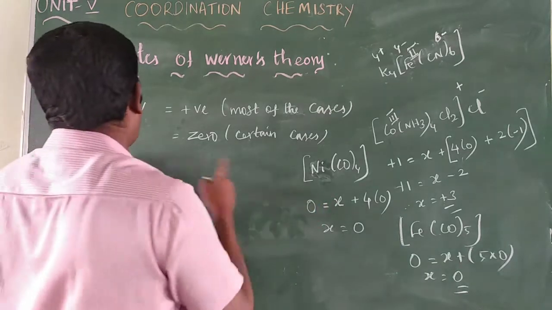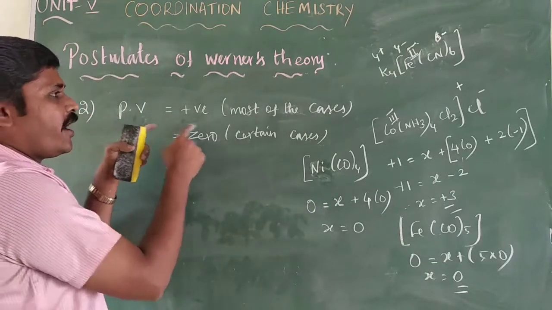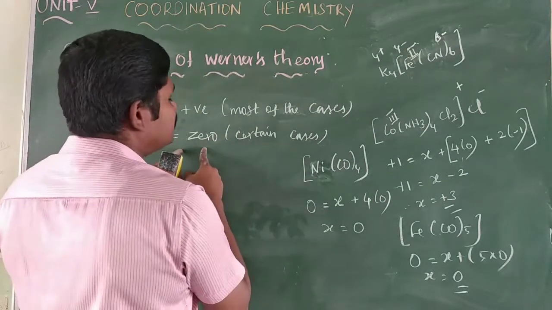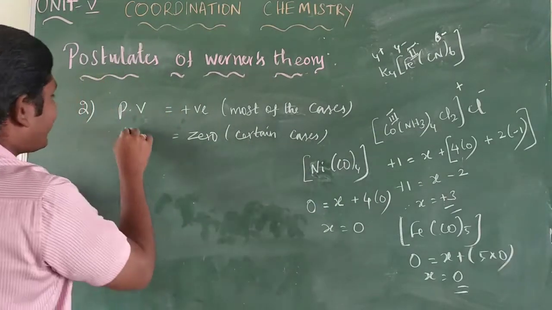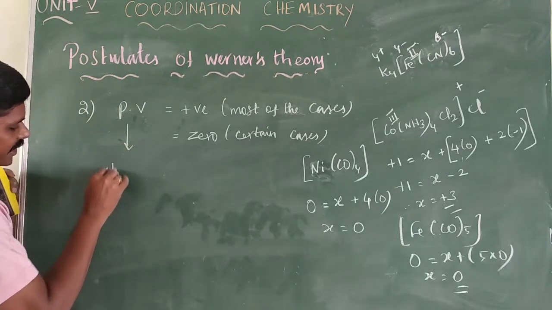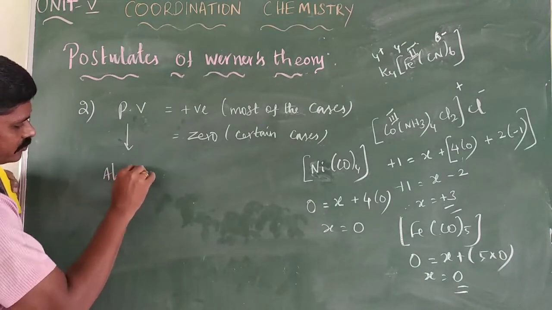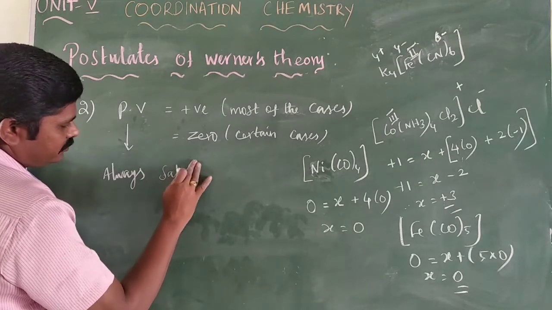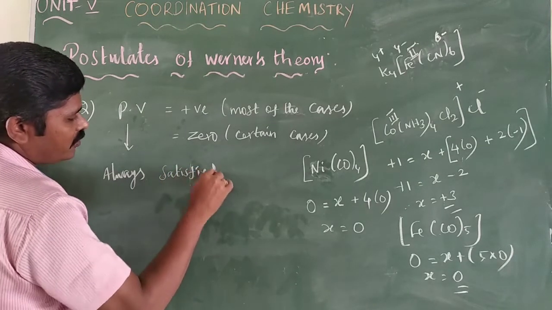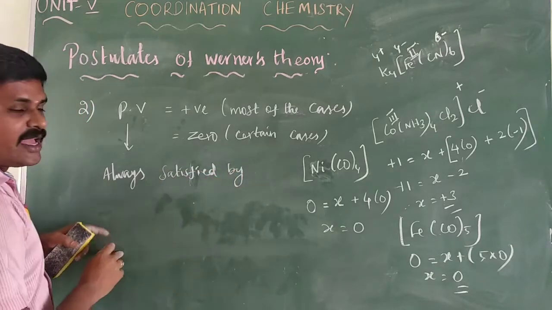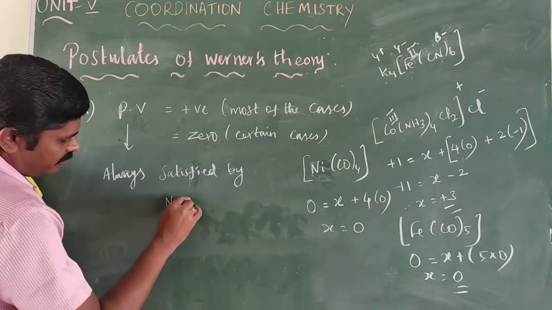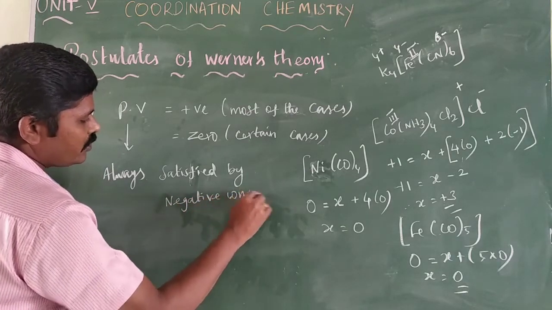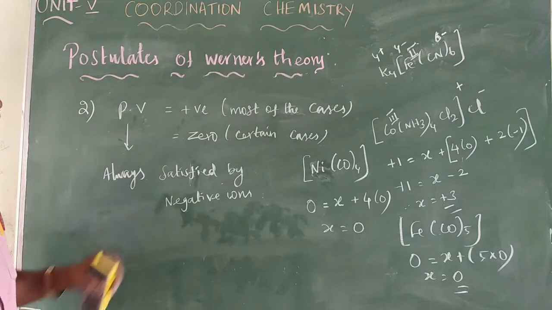Okay students, so the primary valency of the central metal ion is positive in most of the cases, and in certain cases it is 0. The primary valency is always satisfied by negative ions only.